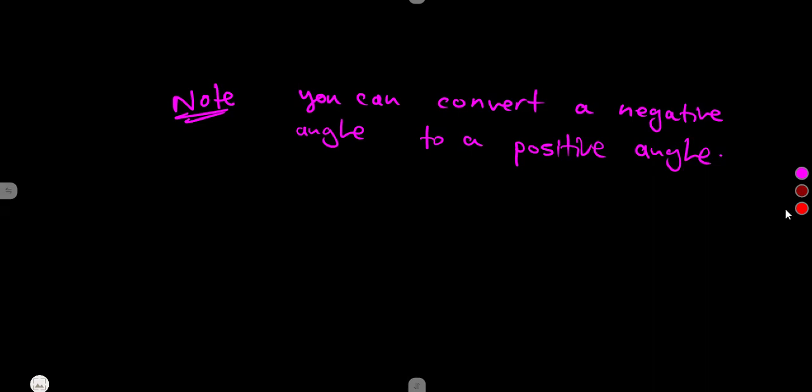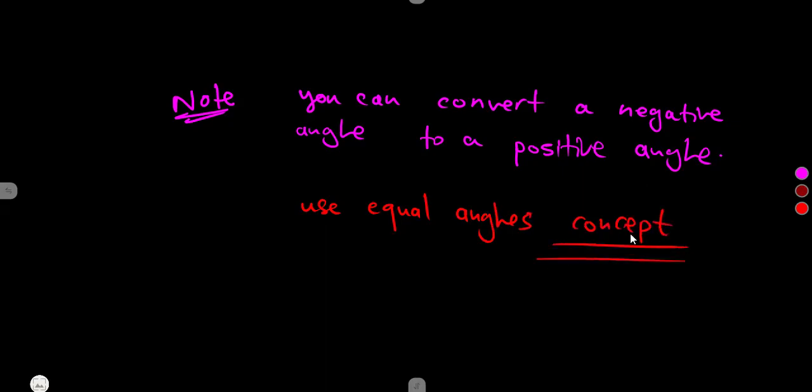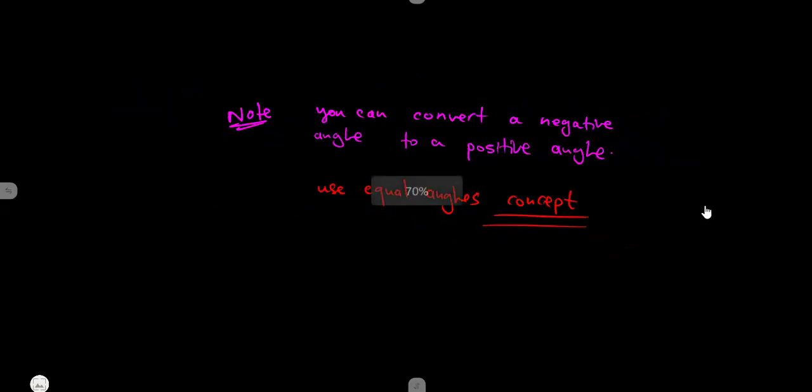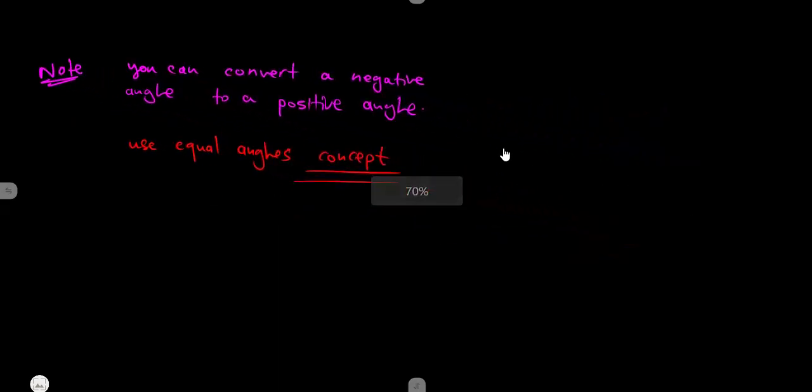By using the concept of what? Equal angles. Use the equal angles concept. Which concept is this? It makes a positive angle a negative, or a negative angle a positive.